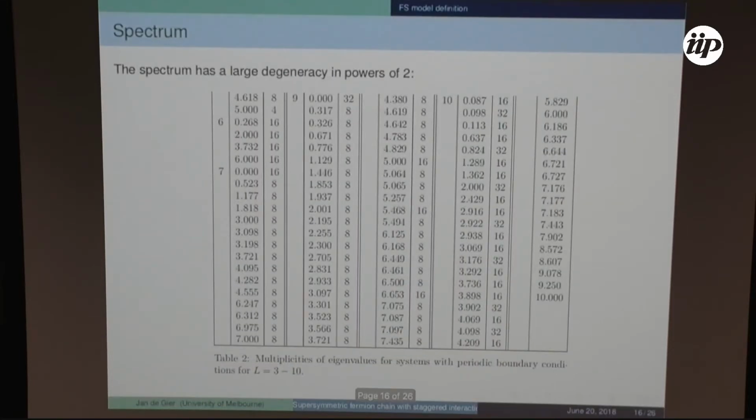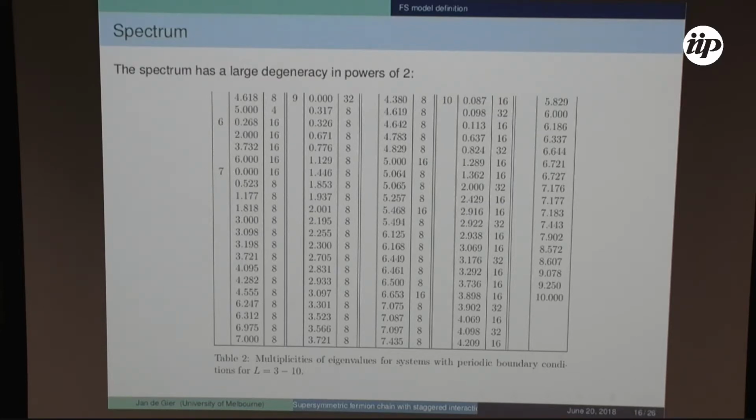Here's a table: one column has all the energy eigenvalues, and then there is the degeneracy. You can see that the degeneracy is always a power of 2 in this example. So there's quite high, extensive degeneracy of every energy level, and they are powers of 2.